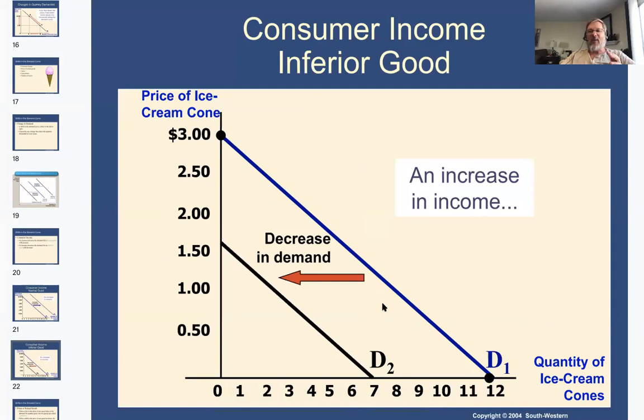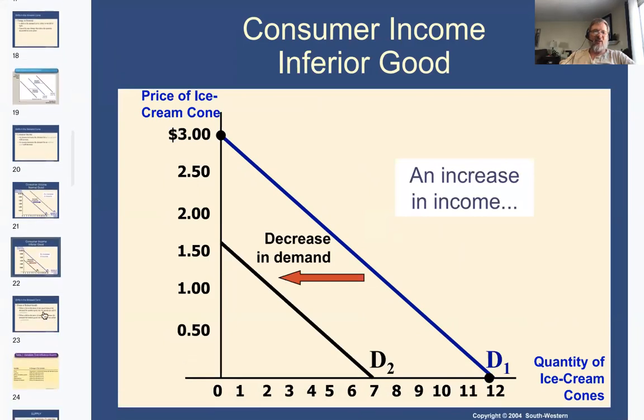But maybe it's the cheap ice cream. It's not Ben and Jerry's. It's like the ice milk type ice cream. And as income increases, now consumers are purchasing a smaller amount than they were before. So you get a leftward shift in demand. So that's our illustration.